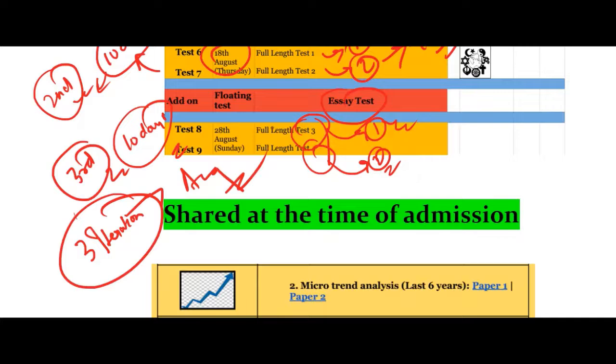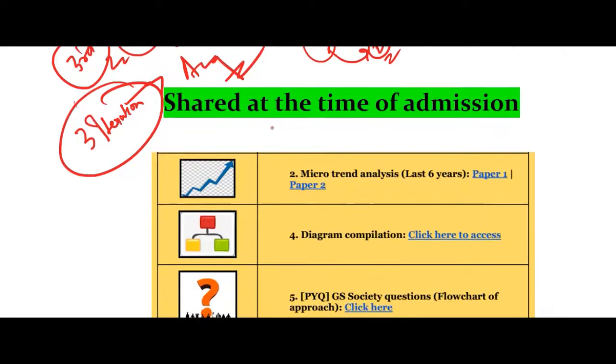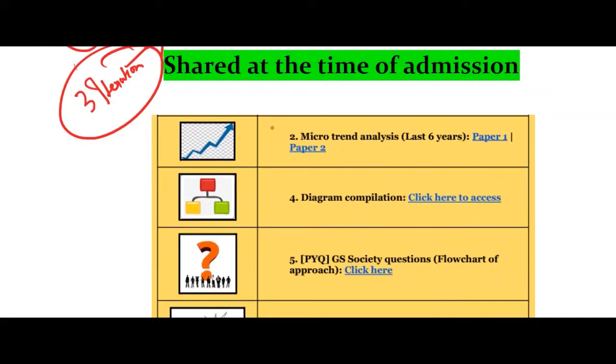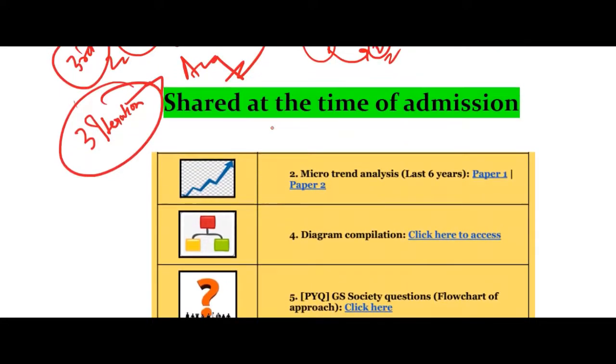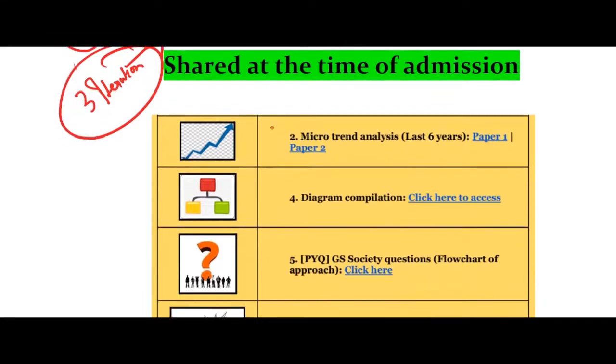And you will still have around 15 solid days to work on the areas of improvement and fill the gaps if any. So, coming to what you will get right after you enroll in this program. We have already shared all these things with batch 1 students.